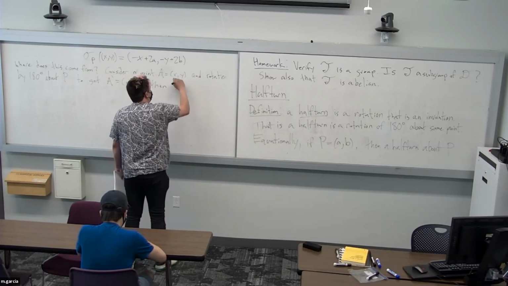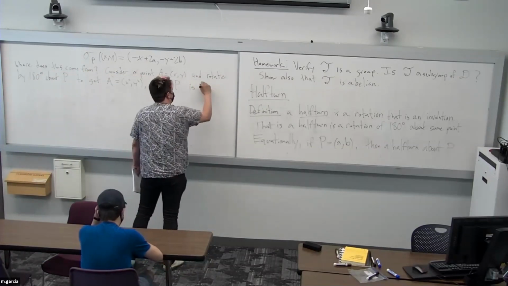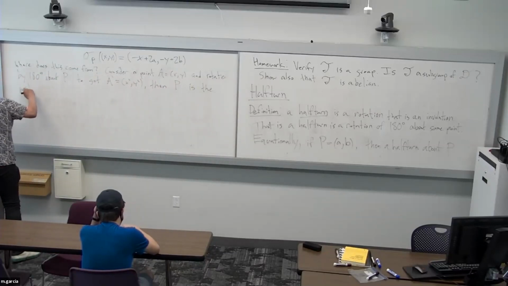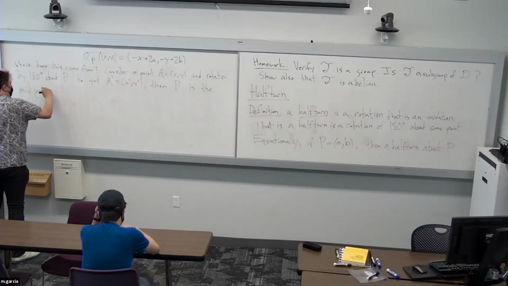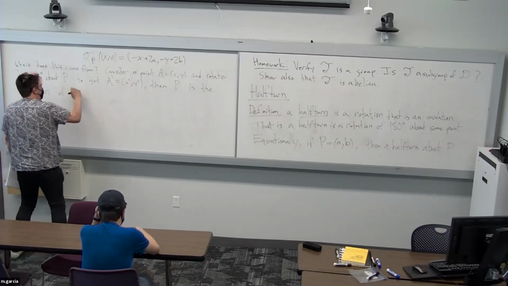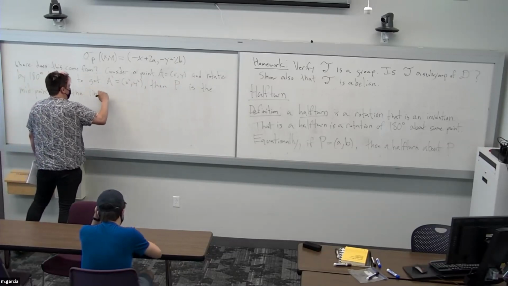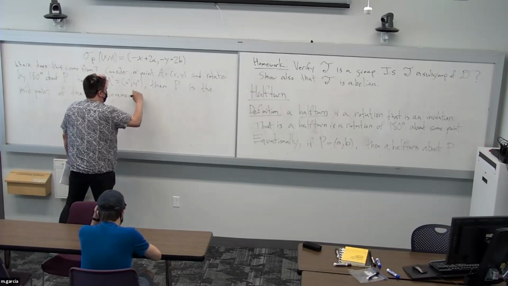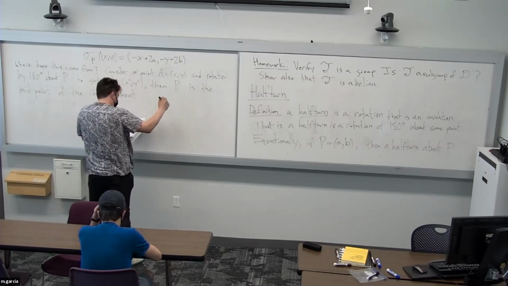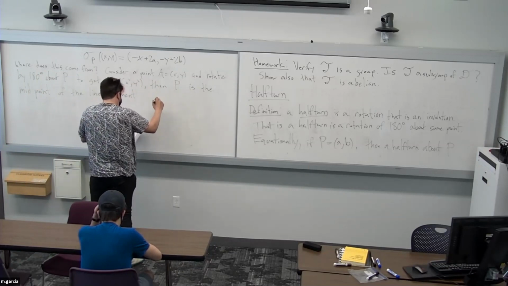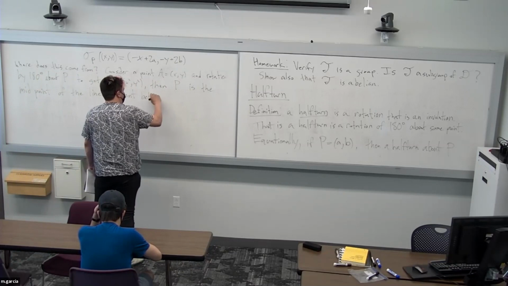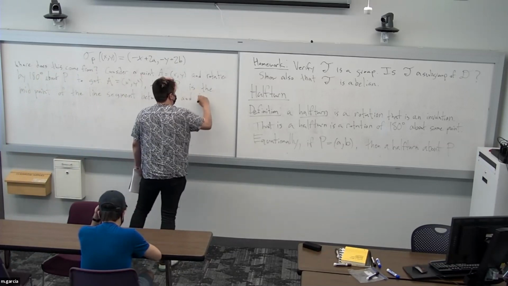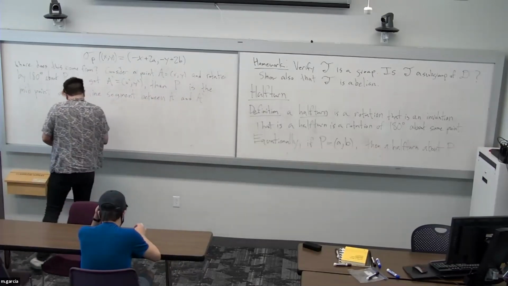Then the point P is the midpoint of the line segment between A and A prime. Right?